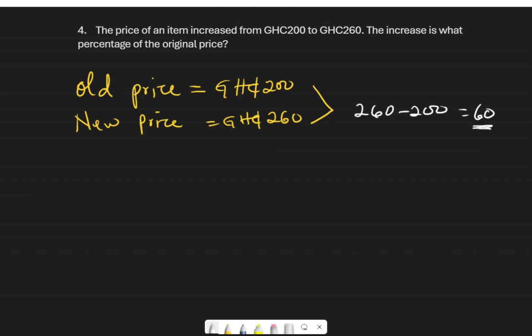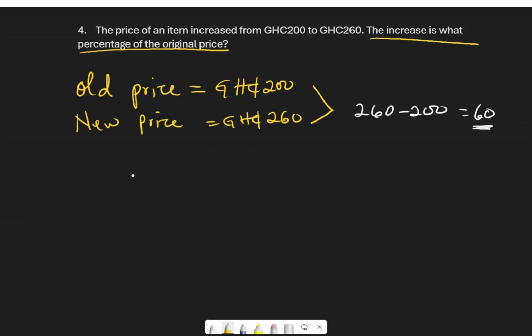So this 60 is the increment, the increase in value. Now the question is, the increase in price is what percentage of the original price?